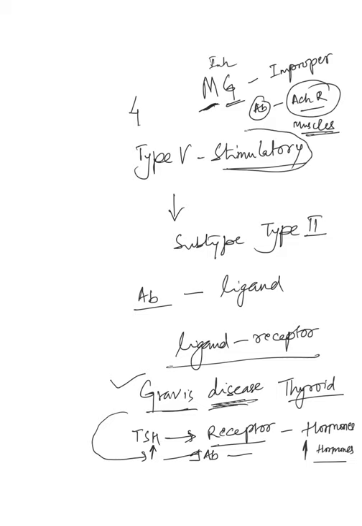So this is a bit confusing classification of type 5, but you should know that it is again a kind of inappropriate immune response. Not exactly an immune response, but the antibodies are binding to the receptors instead of their actual ligand binding to the receptors and causing these kinds of things. So this is all for today. Thank you.